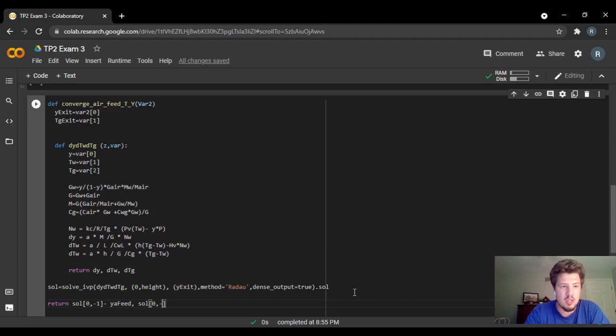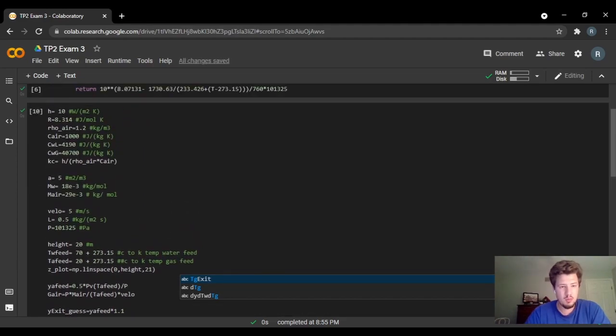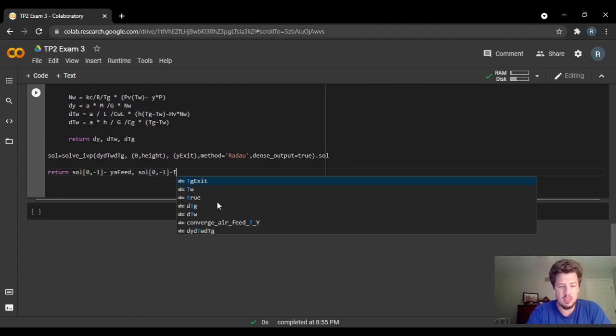And this gives us the answer to our molar fraction entering or exiting the feed and our temperature of our gas exiting. And the 0 and the -1, the 0 is the first term within the array, and the -1 is the last term in the array. Now we want to subtract this from our actual feeds.